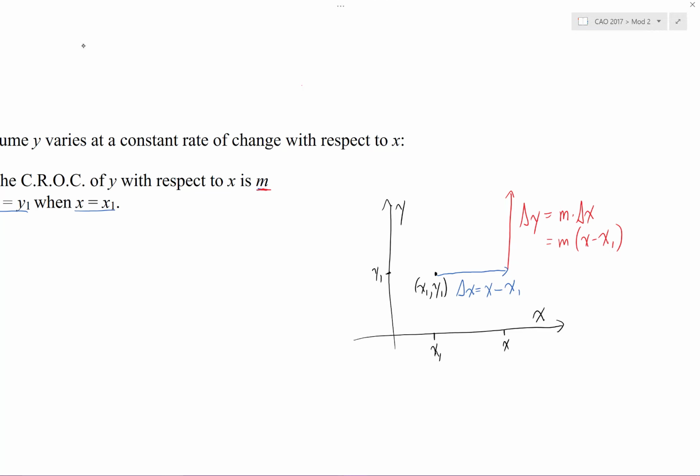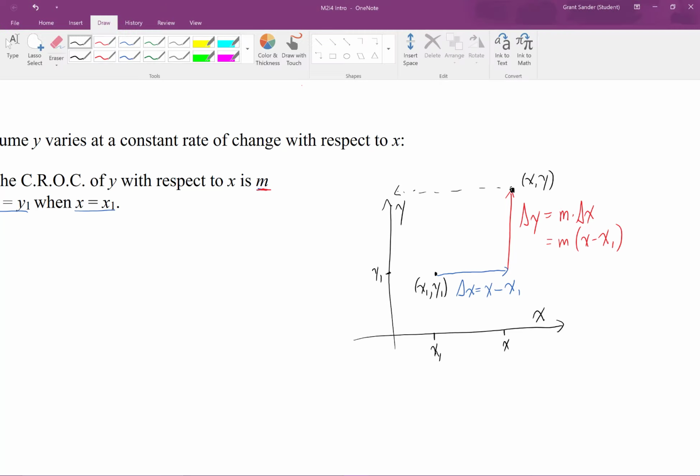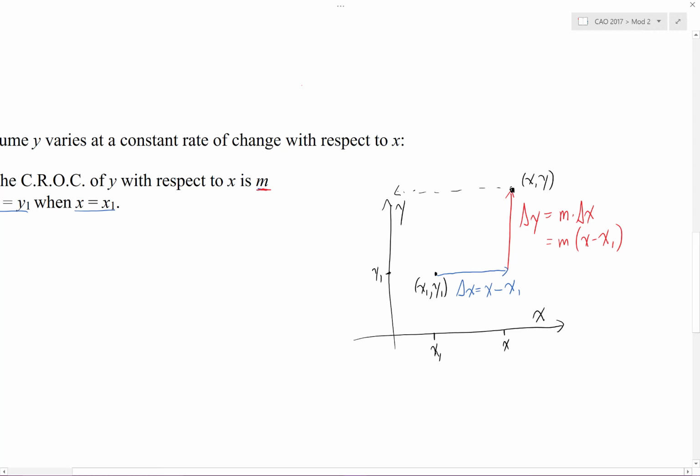So now we have this point right here that represents our xy pair. So this new value of y is over here on the vertical axis, and we can determine this value by thinking about starting at our initial value y1 and changing by however much y changed by. So we changed by delta y. So our new value of y is going to be equal to the change in y plus whatever our initial value of y is.